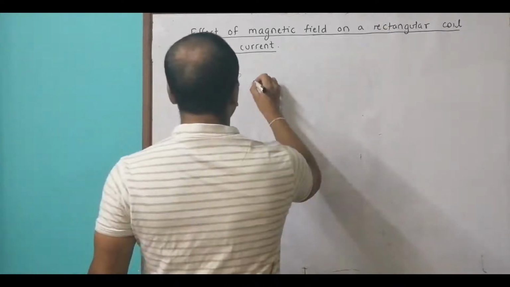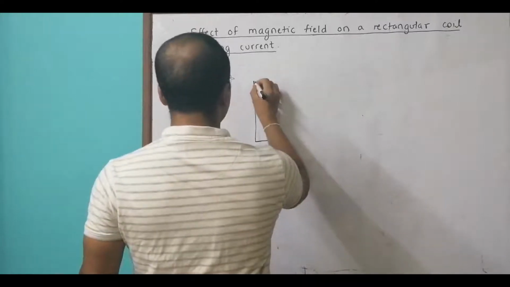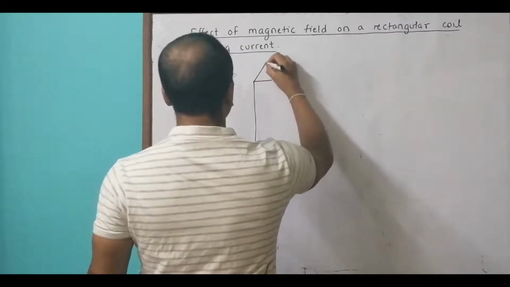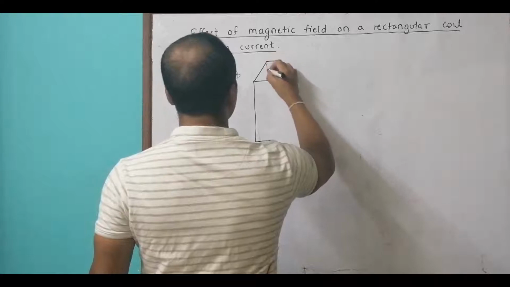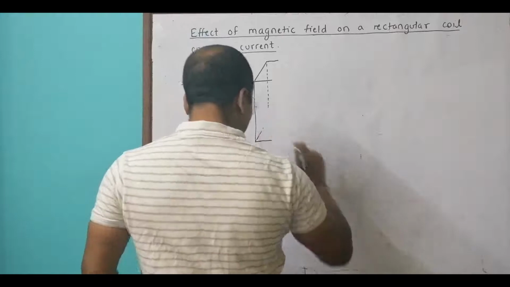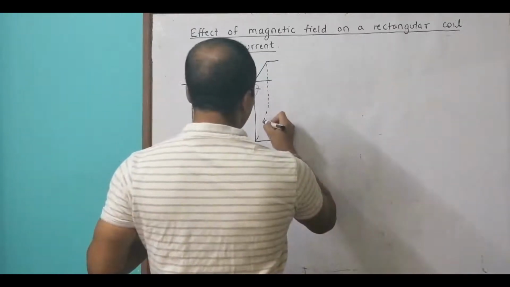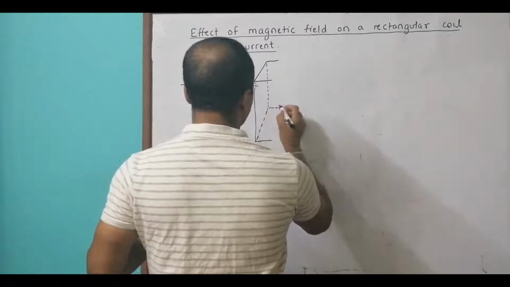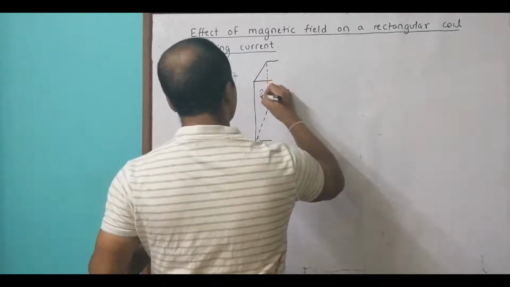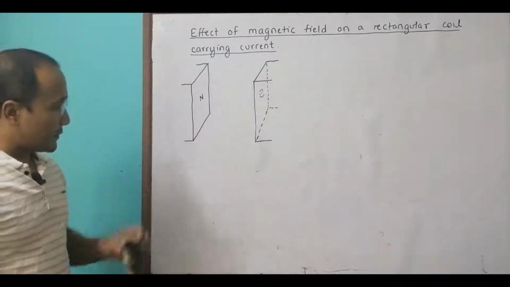Then I have another pole of the magnet, which will be the S pole. It will be dotted because it is at the other side. I am writing S in reverse, because when you look from this side, it should appear like this.